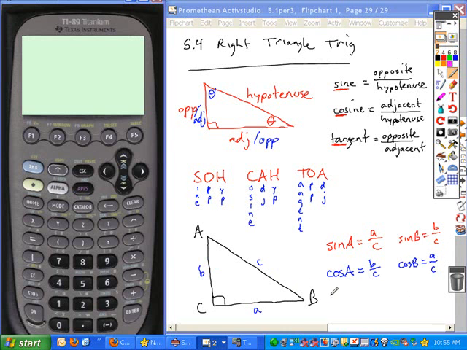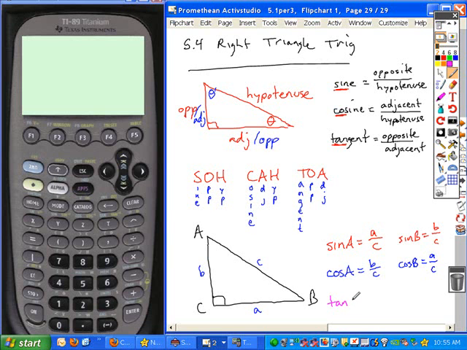And then finally, if we look at the tangent ratios, TAN, the first three letters, the tangent of A is opposite over adjacent, and the tangent of B is opposite, in this case b, over adjacent a.